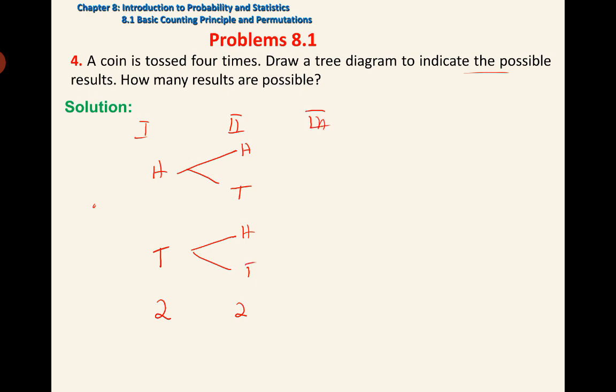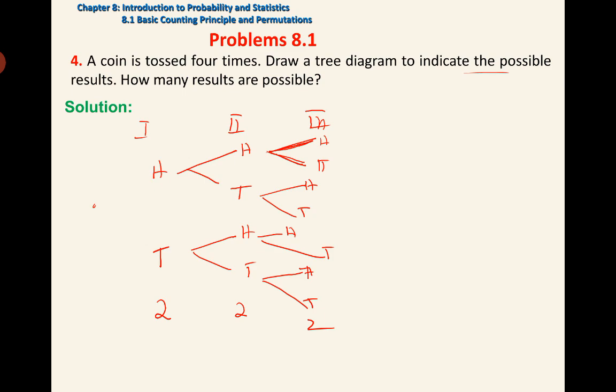Third time, again for everything there will be head or tail. Again there is a possibility. Every outcome is multiplied again by 2, isn't it? At every stage you have 2 more chances.